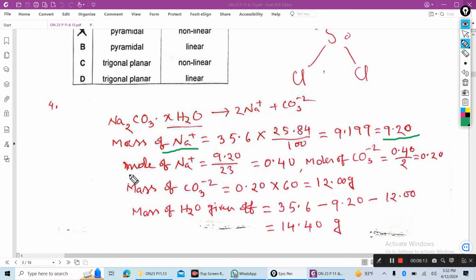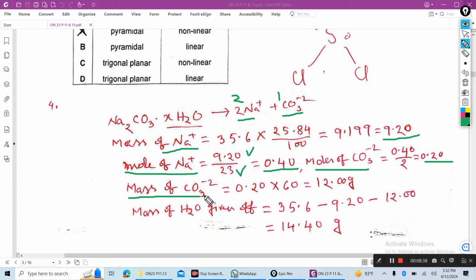Now you can calculate the moles of sodium ion, mass divided by molar mass. Sodium Na is 23, so you get 0.4. The moles of carbonate will be half: 2 moles of sodium, 1 mole of carbonate. The carbonate mole is half of the sodium ion, so 0.40 divided by 2 is 0.20.